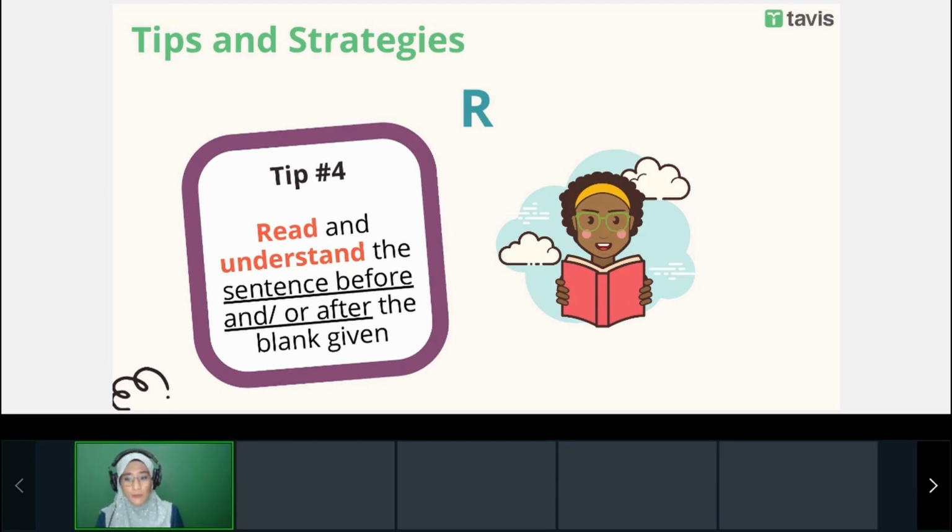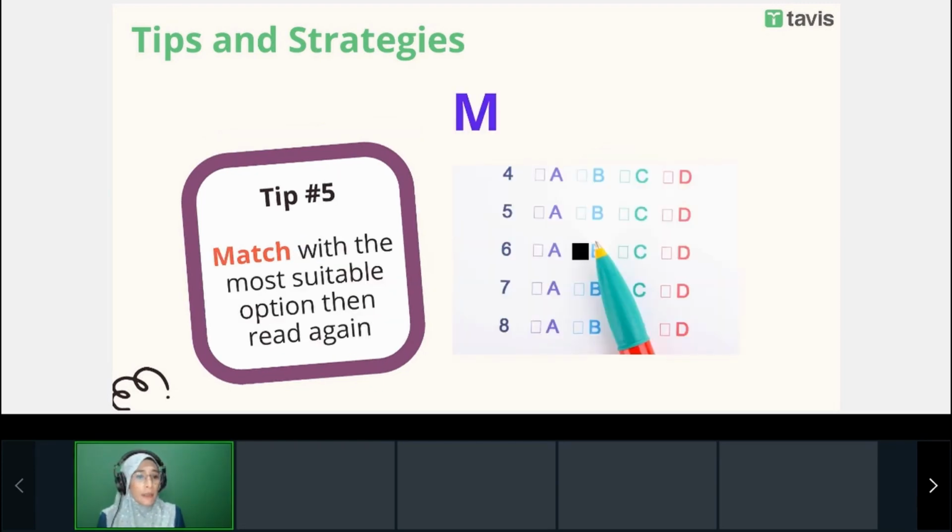And then only you can try and match with the most suitable option, then read again. So this is tip number 5. Try and match before you transfer your answers to your answer sheet. Okay, is it this one? It may be. Try and put a percentage. If you think that it is the most suitable, maybe you could say like 60%.